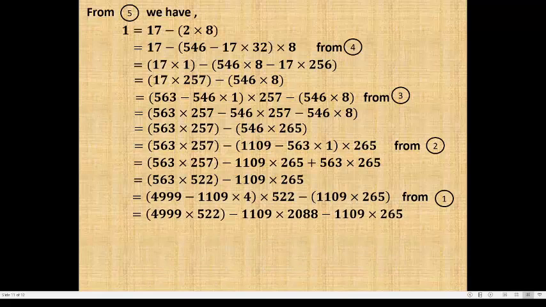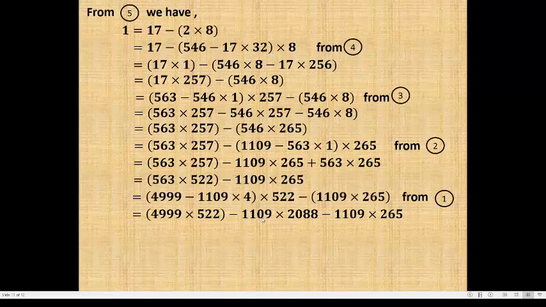Again simplify this. So 4999 into 522 minus 1109, multiply by 4 and out of the bracket multiply by 522. So take the multiplication of these two numbers here. So we get 2088. So that's why we get minus 1109 into 2088 minus 1109 into 265.